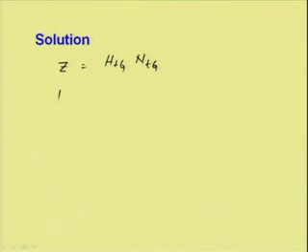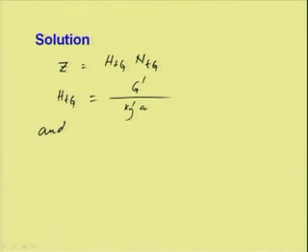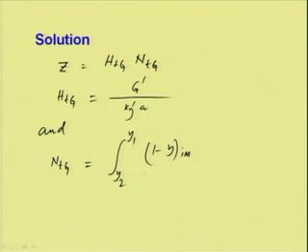So, HTG is equal to G dash by Ky dash A, and NTG is equal to integral y2 to y1 of (1 minus y)Im divided by (1 minus y)(y minus yi) dy.